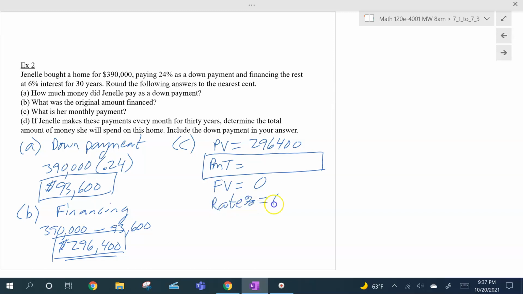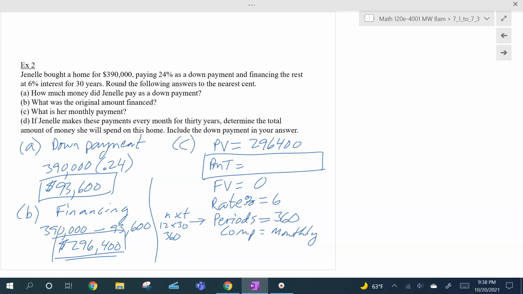This is as a percent, so we're going to put in 6 right there. Periods, remember this is n times t, right? 12 compoundings per year for 30 years, so 360. Our compounding is monthly, just having a monthly payment, so the assumption is it's monthly compounding.